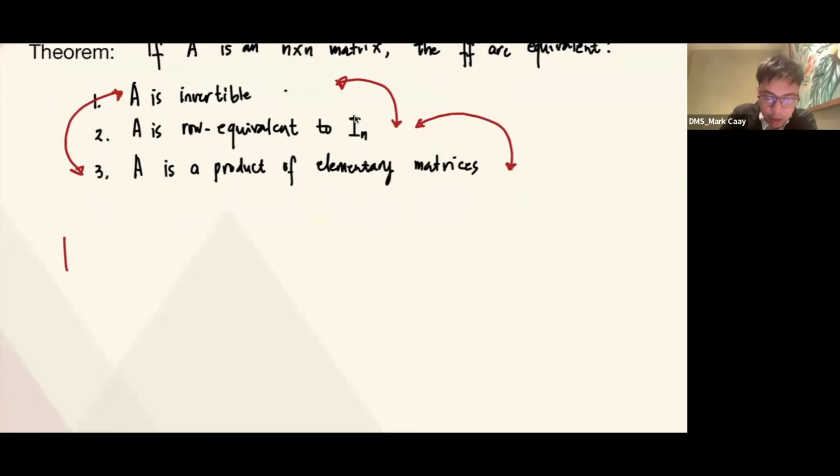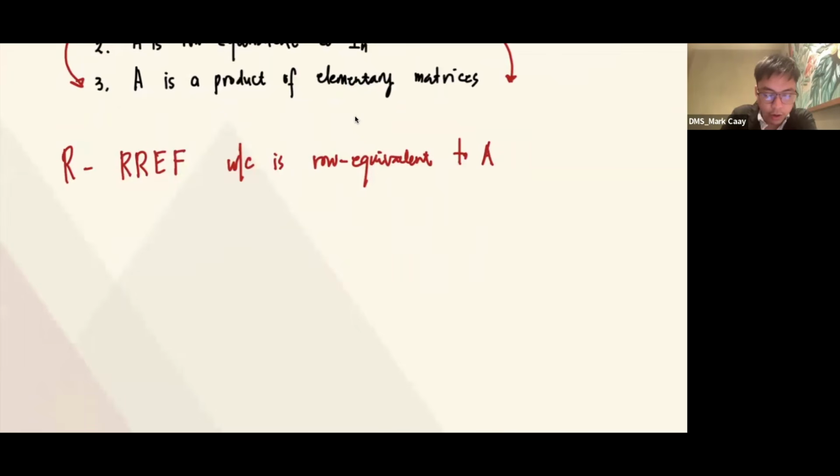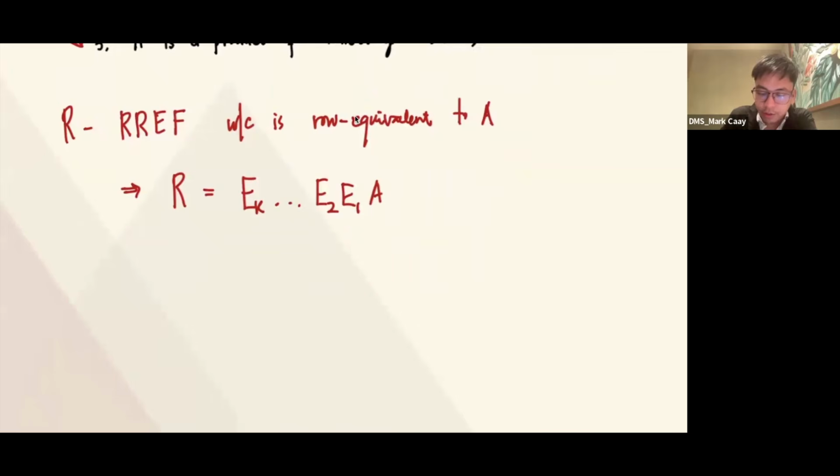So let's say I have R which is in matrix which is row equivalent to A. So in this case, kasi naka-row equivalent to A siya and it's an RREF, this implies that I can write my R as, let's say, Ek up to the product of E2, E1, A. Now, if you notice, these are elementary matrices.